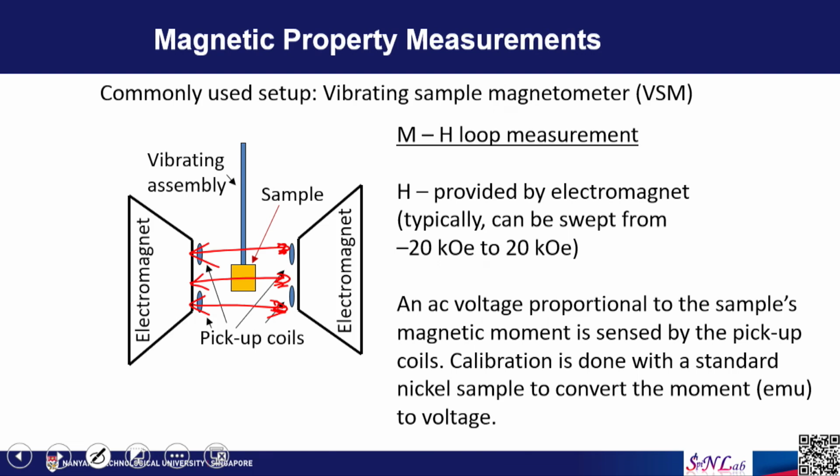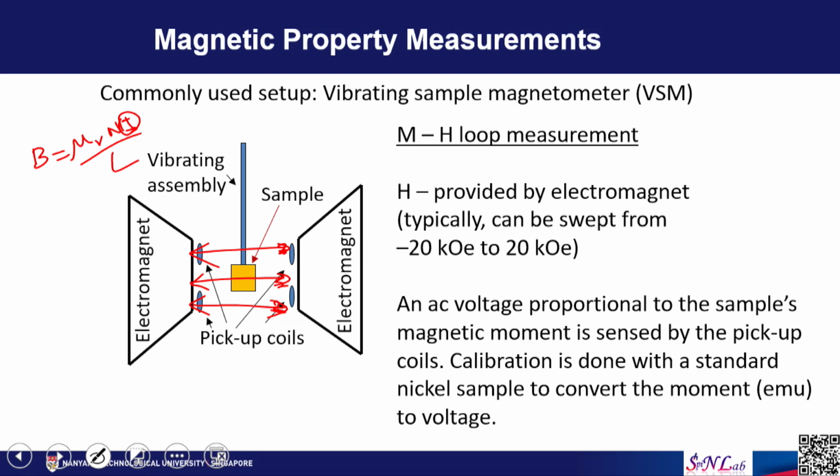So, you can change the direction of the magnetic field, and by changing the strength of the current that you pass through the coil, you can change the magnetic field.